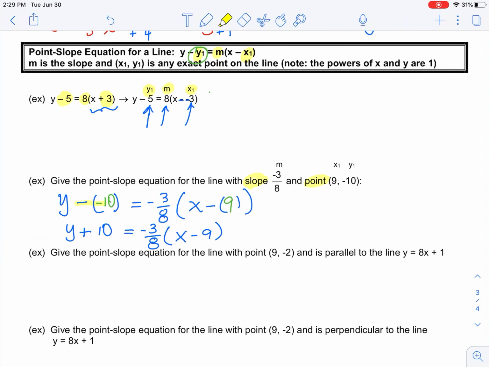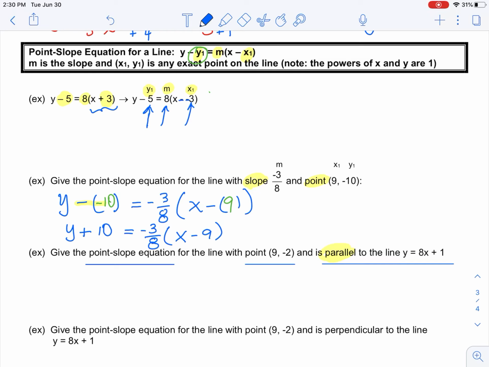All right, give the point-slope equation for the line with the point 9, negative 2 and is parallel to the line y equals 8x plus 1. The reason why they say parallel is because we need a slope.